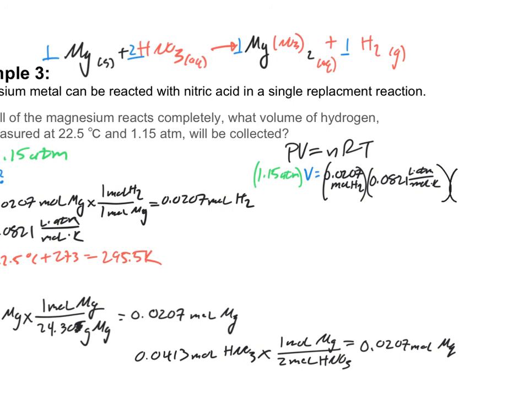Times temperature, which we said was 295.5 K. The magic of math says that if I take 0.0207 times 0.0821 times 295.5 divided by 1.15, I get something like 0.437 liters of hydrogen gas, or 437 milliliters, whichever is fine.